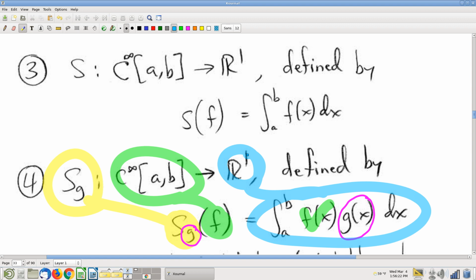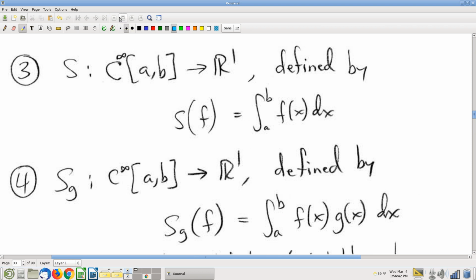Okay, so again, it's kind of an operator. We've got function in, number out. There's a formula for how to compute it. Now I'm making the assertion that this function, this operator SG, is linear. Okay, let's prove that right now.